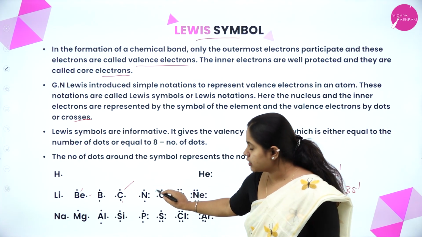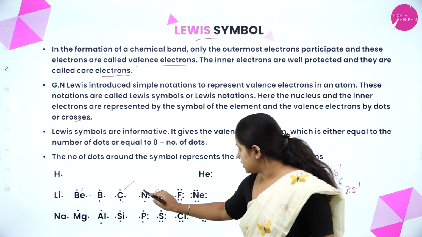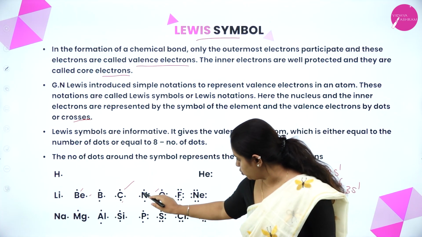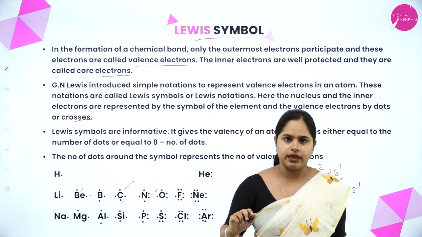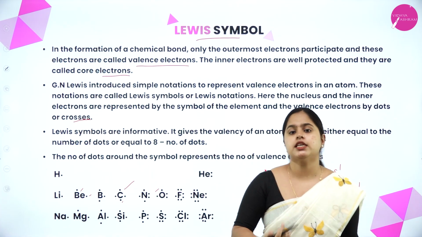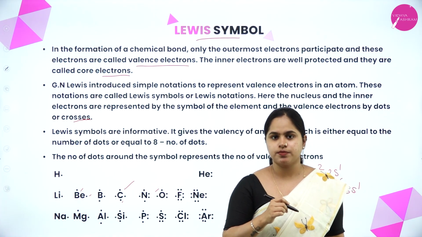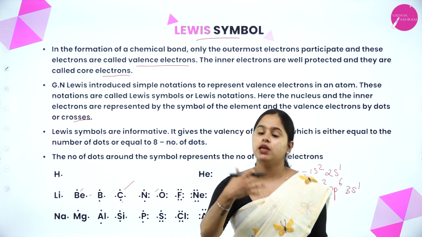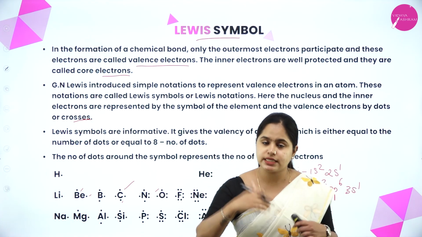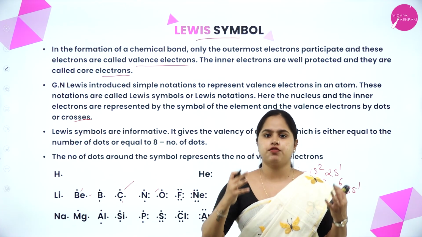Let's take the case of nitrogen. The number of dots here is equal to the number of valence electrons. It is 1, 2, 3, 4, 5. So 5 is the number of valence electrons. But what is the valency of nitrogen? It is 3. It requires only 3 more electrons to complete its octet. So it's better for it to accept 3 electrons rather than losing 5 electrons.